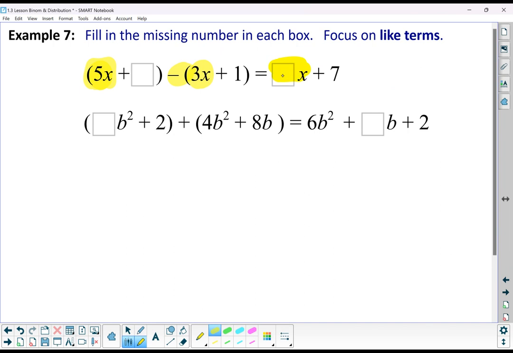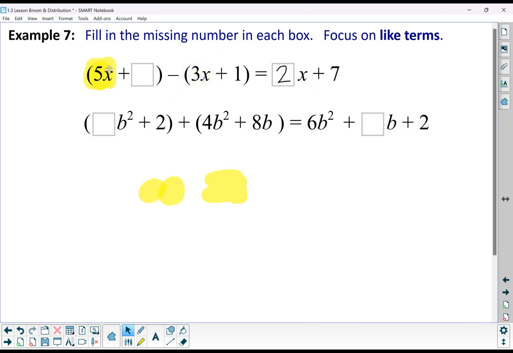And then over here I have a mystery number in front of my x. Well, since I've highlighted those like terms, you can see that 5x minus 3x gives me 2x. So the mystery number in that box is a 2.